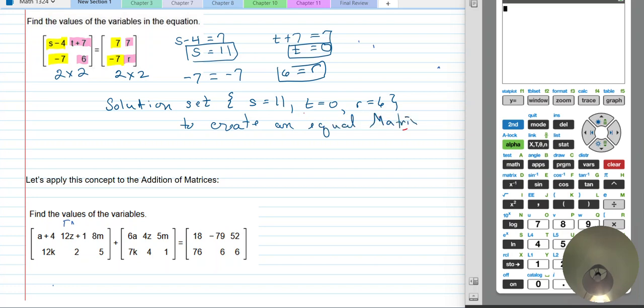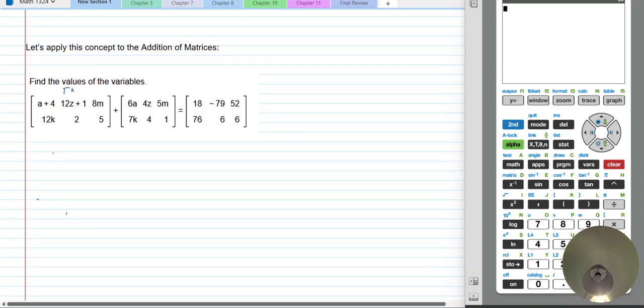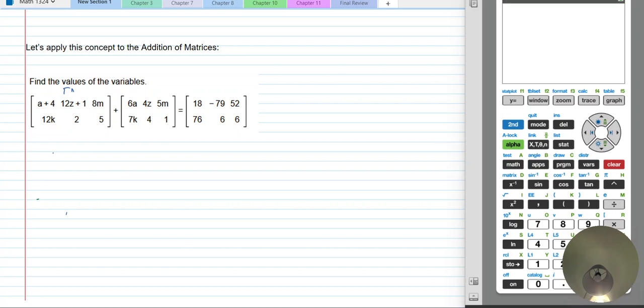All right, there you have it. Nothing hard. Okay, so let's look at this next concept. The concept says we have addition happen and equals an outcome of a matrix. So let's talk about that.